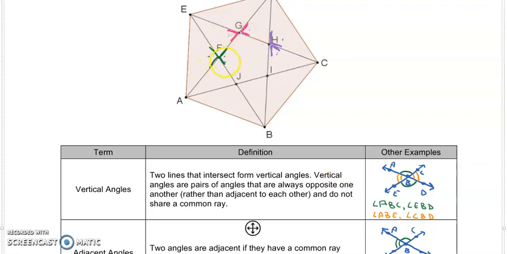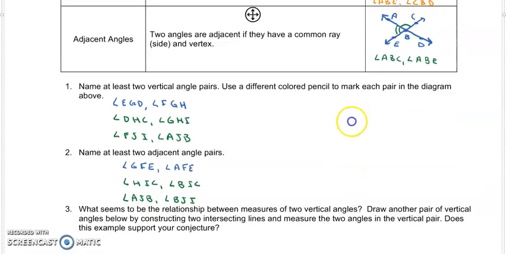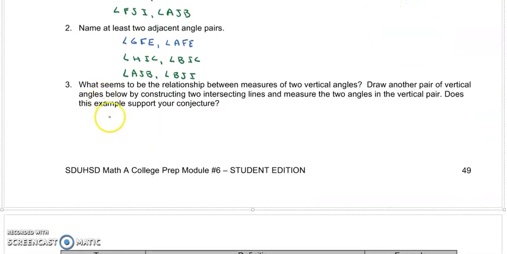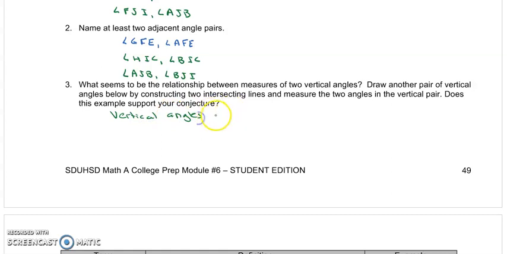This angle is the same size as that one. And that's absolutely true. So what we're thinking about here is that vertical angles are congruent.